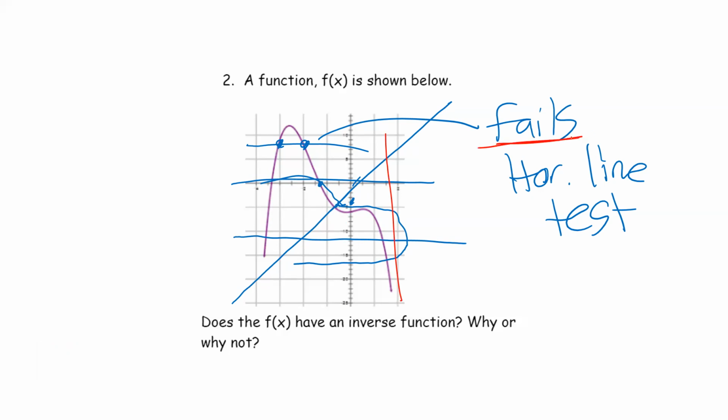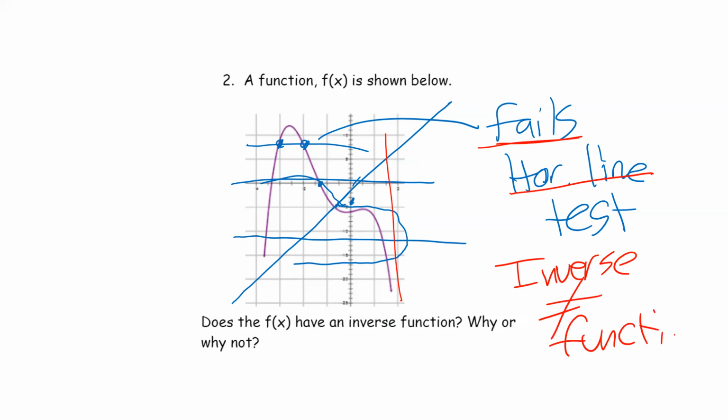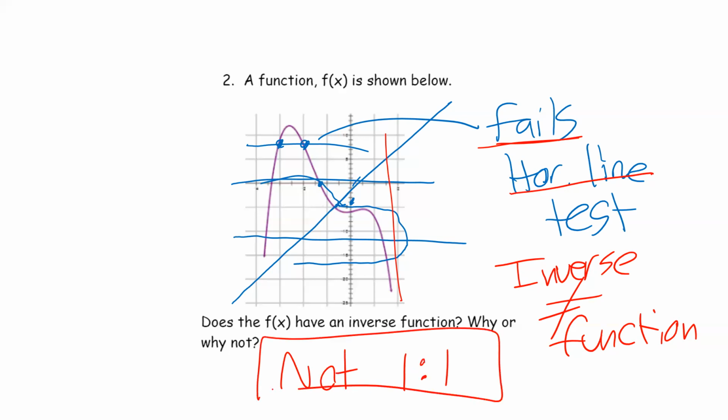Suffice it to say it fails the horizontal line test, so its inverse will not be a function, and you're good to go. That also simply means it's not 1-to-1. So, no.